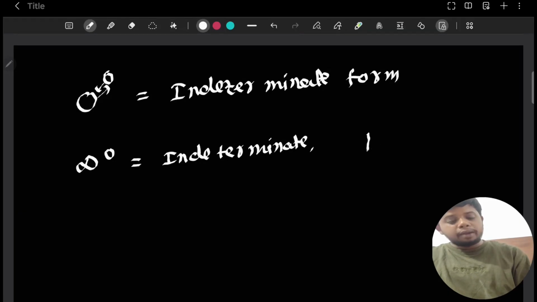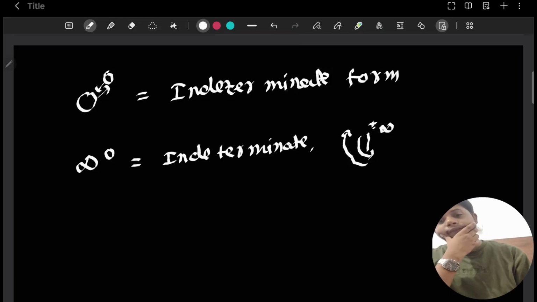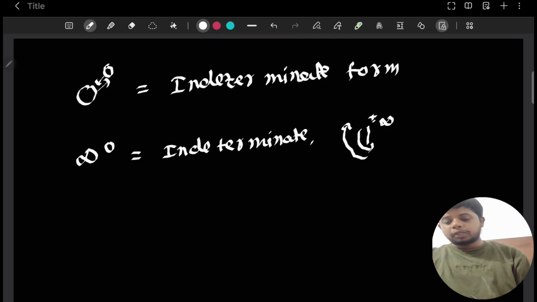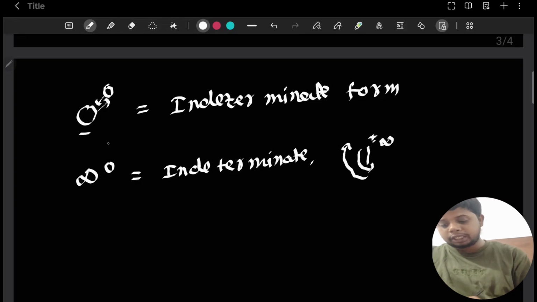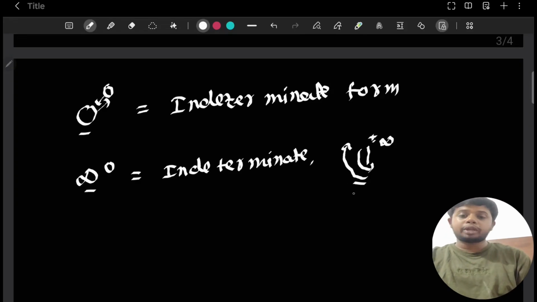And 1 power plus minus infinity, where this 1 can be tending to 1 from the right side and tending to 1 from the left side, this is also indeterminate. You try to prove that and comment your answer. Okay, so that means these have exponents included, exponent and power.